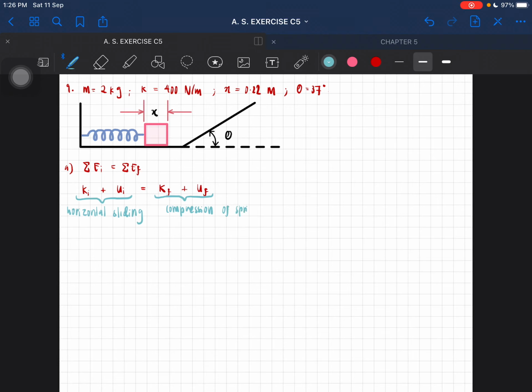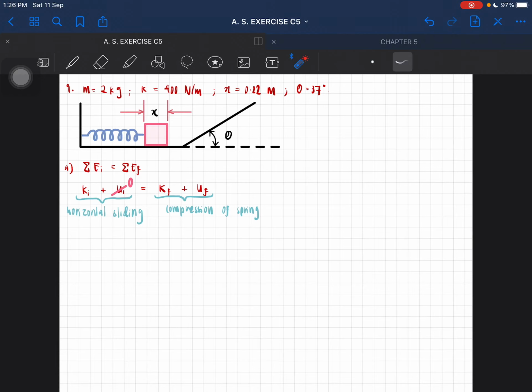So don't use mgh because we are looking at the spring. There is no change in height for this horizontal sliding, so automatically this will be equal to 0.